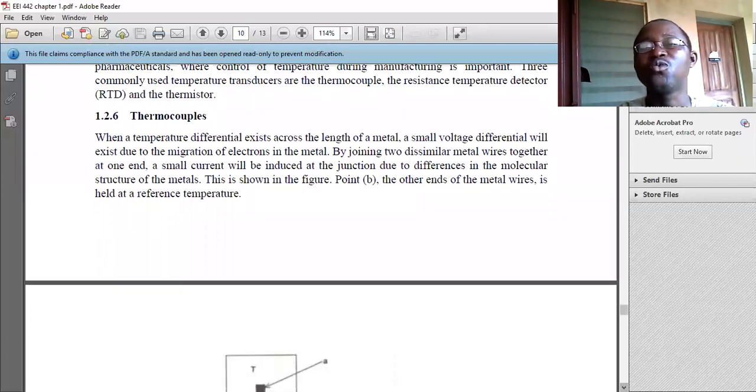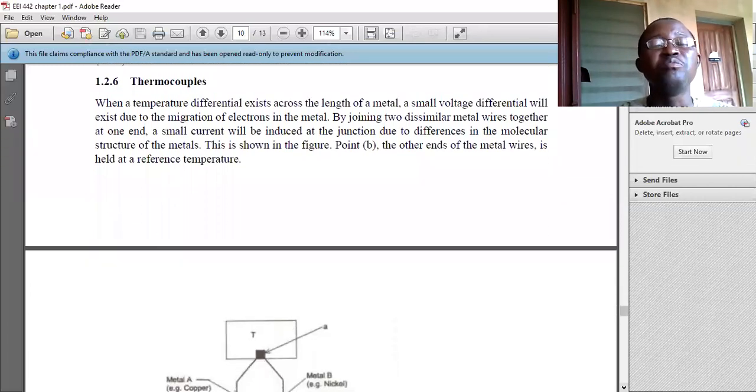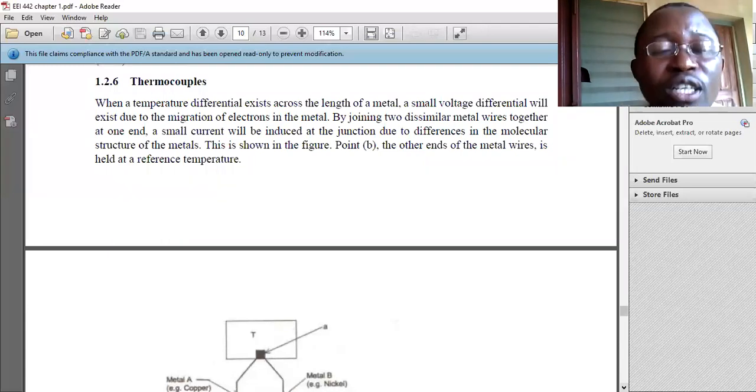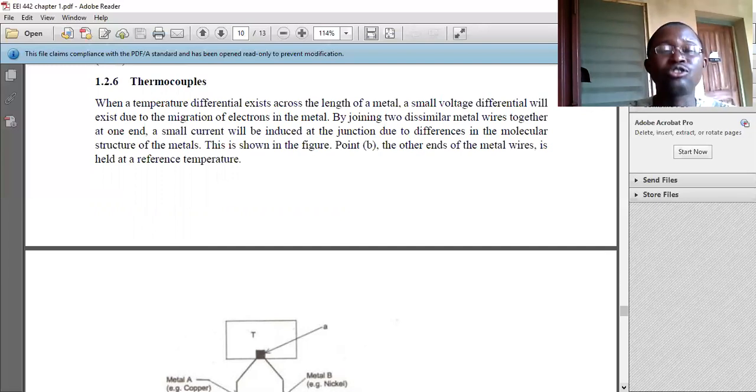Thermocouple is nothing new to you again. In the last instrumentation and control courses, we treated thermocouples. In EEI 311, we dealt with thermocouples, which are actually temperature measuring transducers. The same way in EEI 431, we dealt with the transducer.